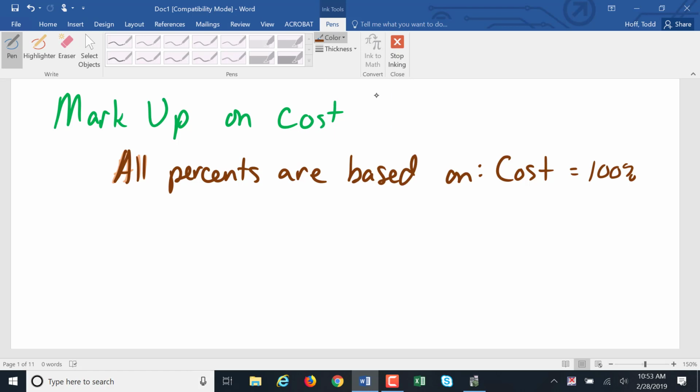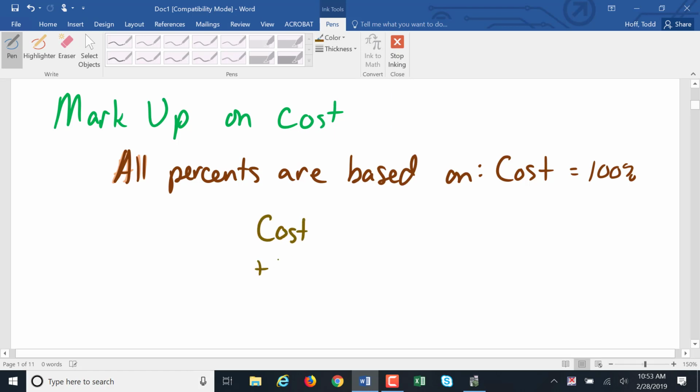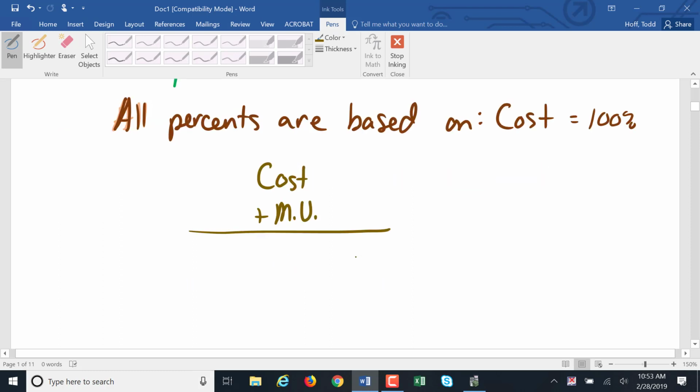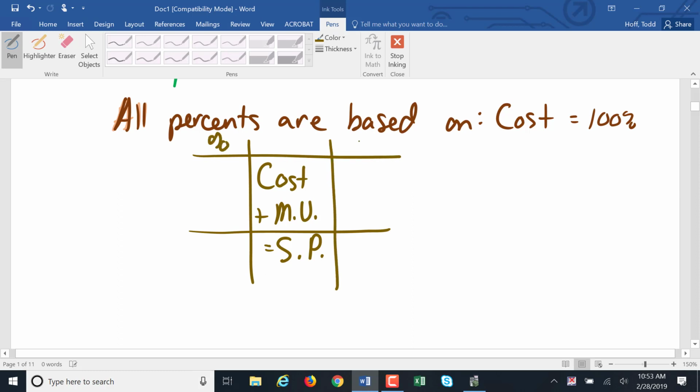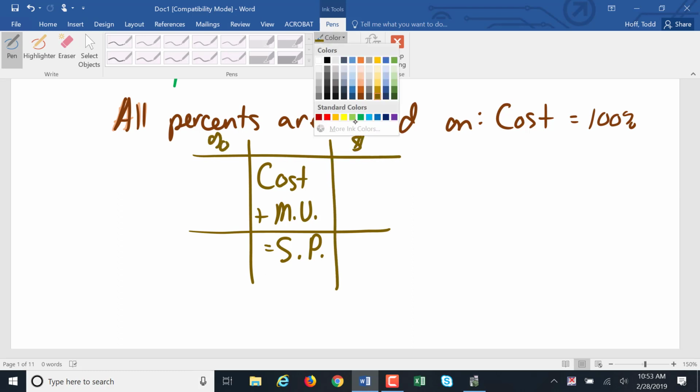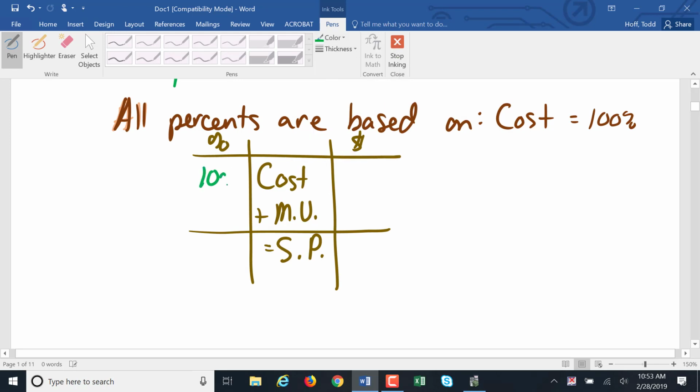So as we look at this table we had, cost, I'm going to use MU to abbreviate markup. So cost plus markup equals selling price. I'm going to use just SP to abbreviate selling price. Percents on one side and dollars on the other. The cost is going to represent 100%, and everything else is going to be calculated off of there.